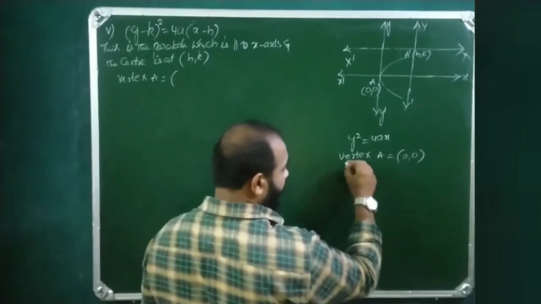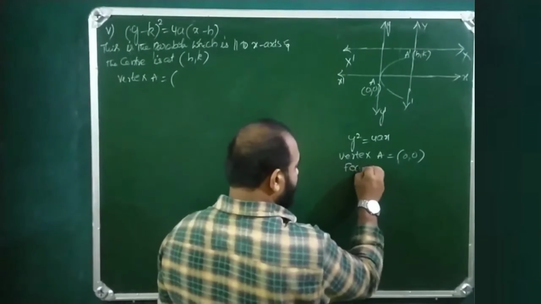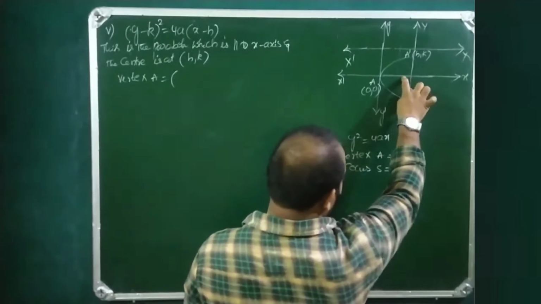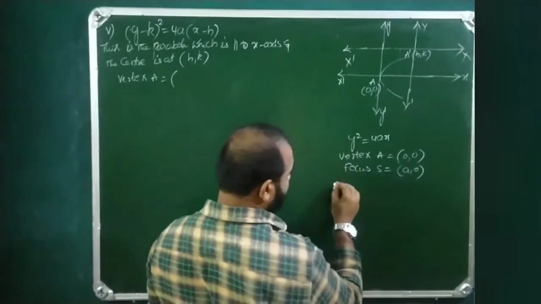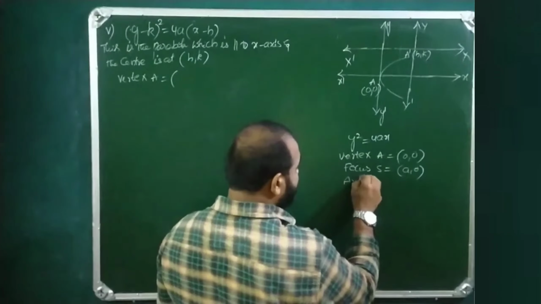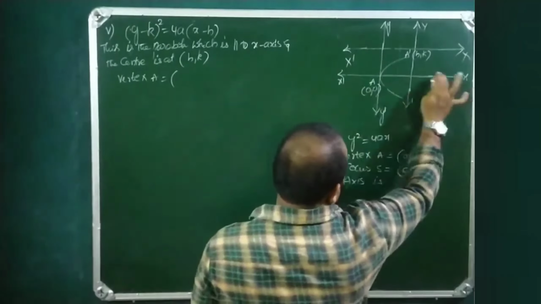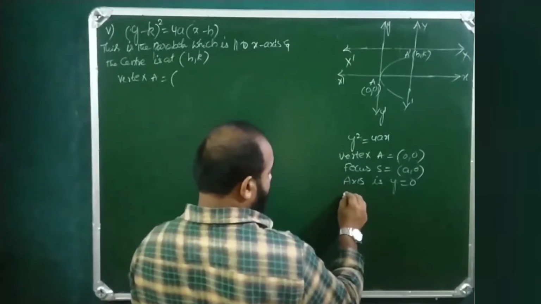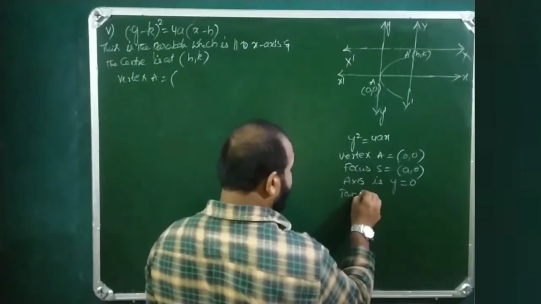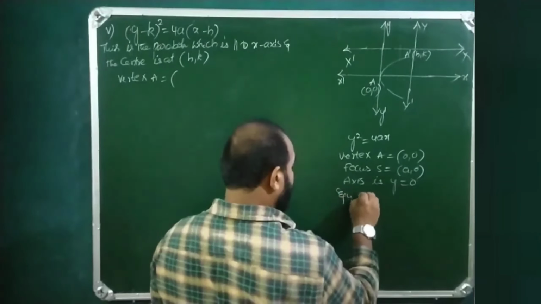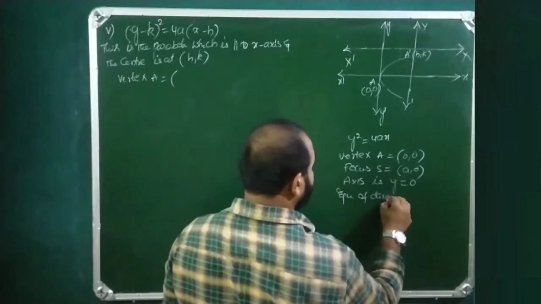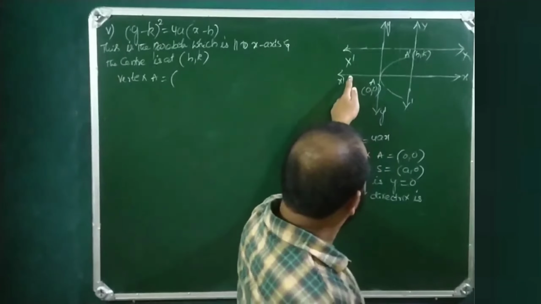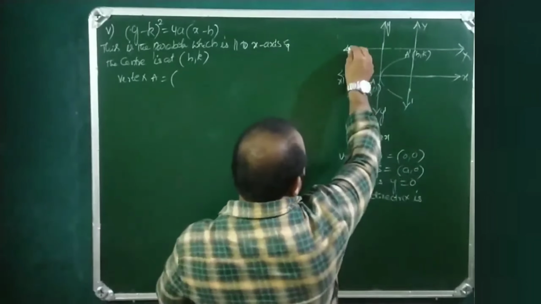So let us write first. Vertex A is this. Focus S is, for this, the focus lies here, which is a comma 0. Next, the equation of axis: this is the axis, the x-axis, y is equal to 0. And the equation of directrix is what? This is the principal axis, and the directrix is here.